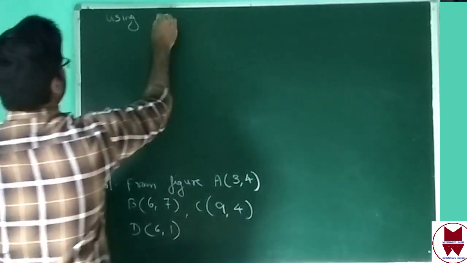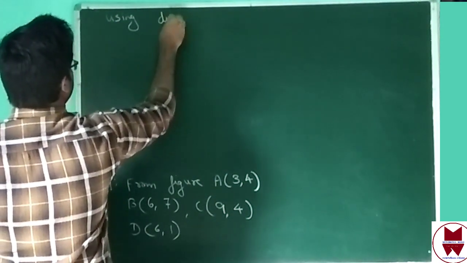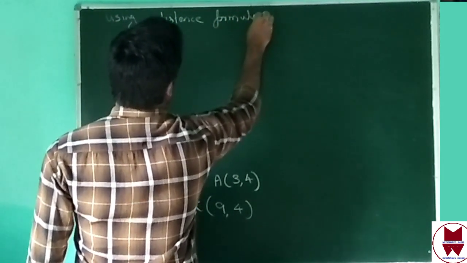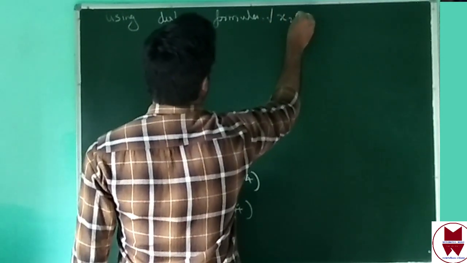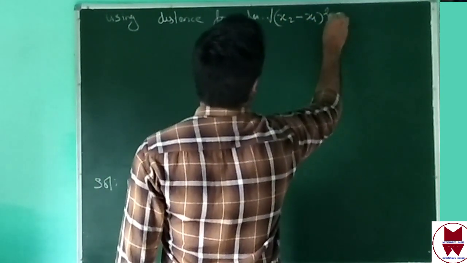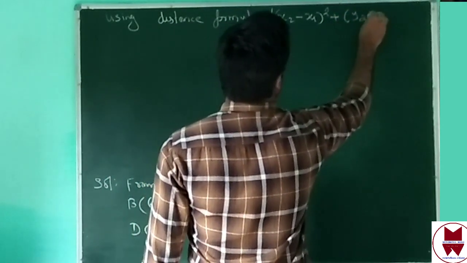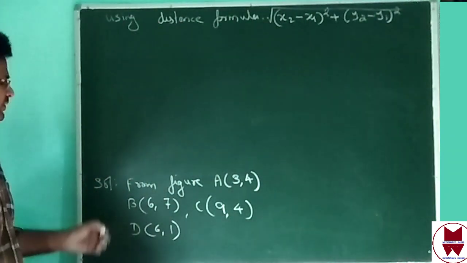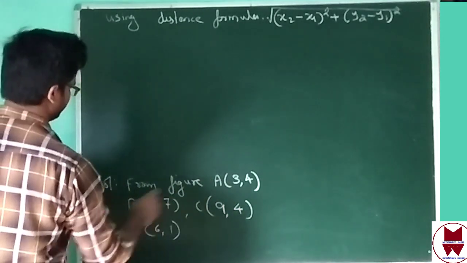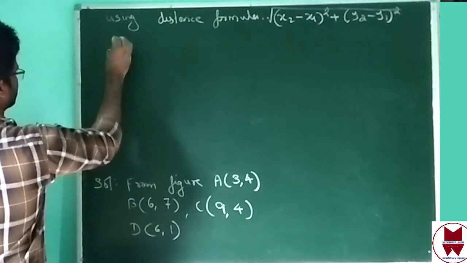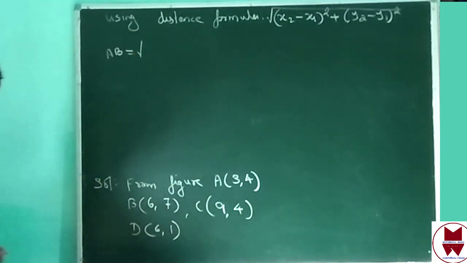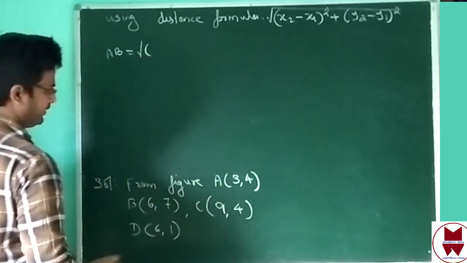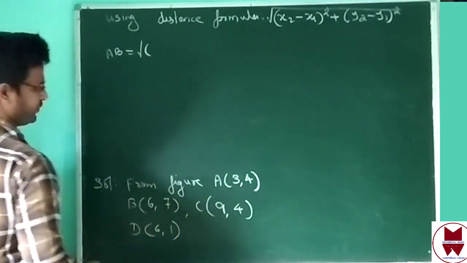Using the distance formula, square root of (x2 minus x1) whole square plus (y2 minus y1) whole square. Using the distance formula, we can write first AB. AB equal to square root of... A and B. This is x1 y1, this is x2 y2, isn't it?